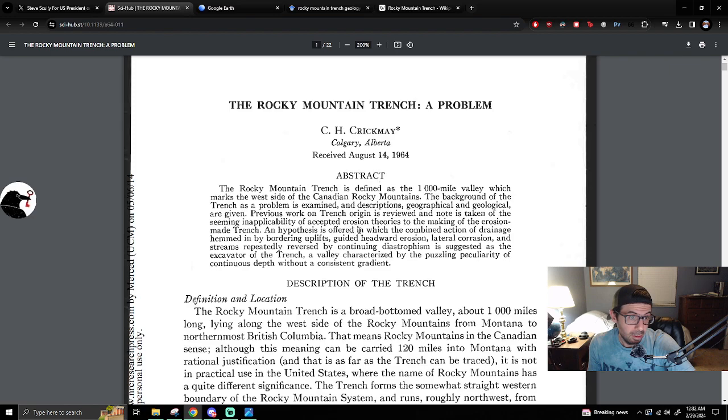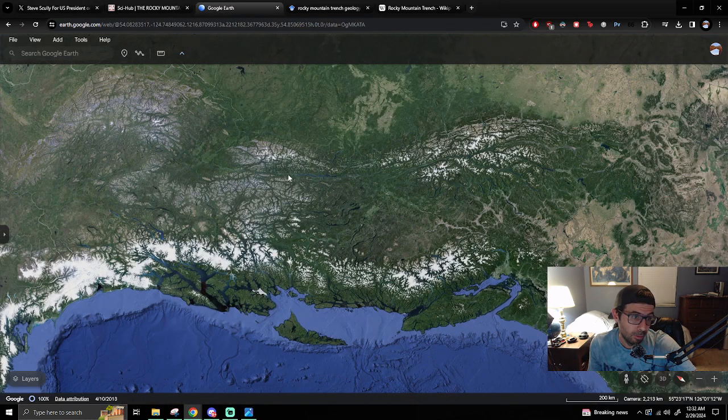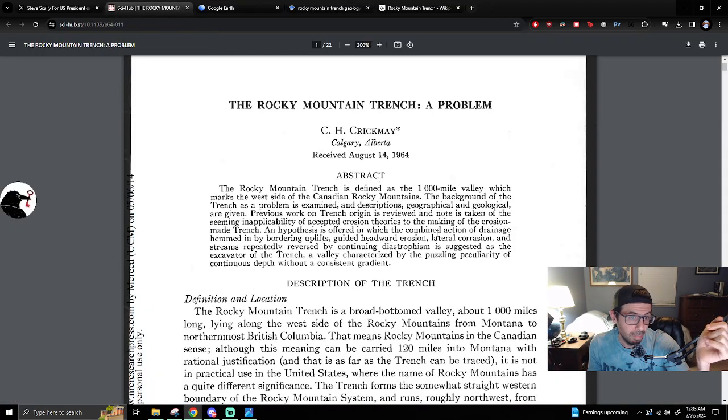A hypothesis is offered in which the combined action of drainage hemmed in by bordering uplifts, guided headward erosion, which is at the front of the stream, which is basically what I'm saying, is a current is flowing through, cutting, and it's probably at a higher depth, but it's also at a lower depth, and as it travels at that lower depth, it's cutting, in a headward erosion mechanism.